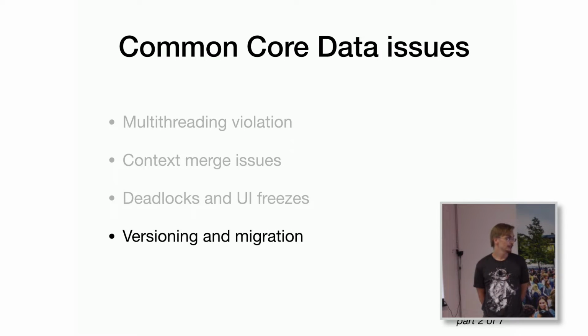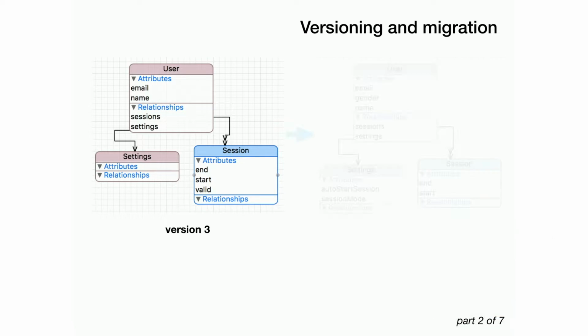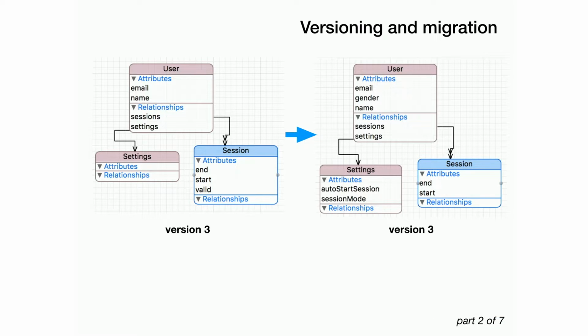We had version and migration issues. In most cases, it's an easy situation when you just forget about the migration and Core Data crashes on app launch. But we also had some interesting cases. Imagine that you have some database structure, let's say it's version number 3. Then you make some changes and decide to keep the same version number. Why not? Core Data can handle it.